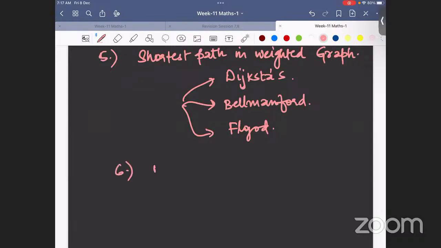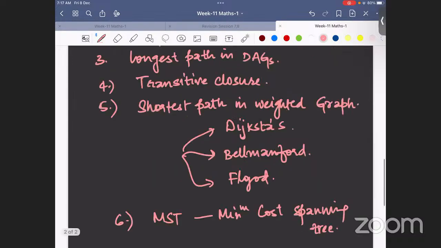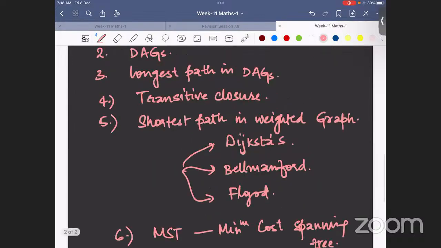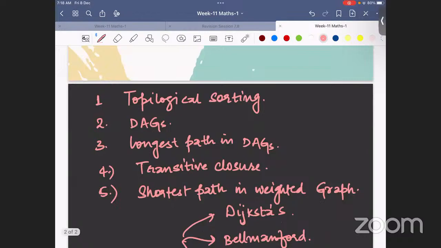The last part is MST. So these are the portions that you have to read in week 11.